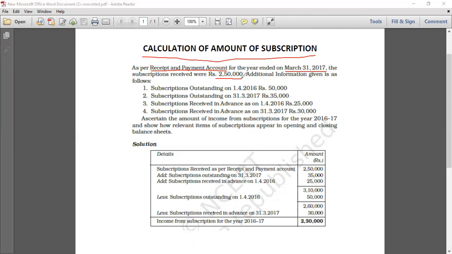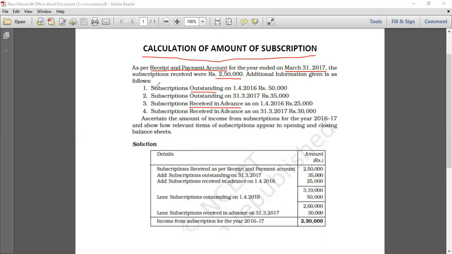But out of this 2,50,000, we need to calculate the exact amount which is related to the current year. With respect to that, the information provided by the question may include information relating to outstanding subscription and information relating to subscription received in advance.